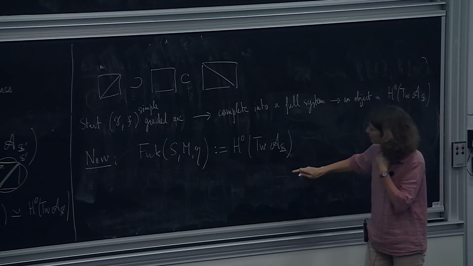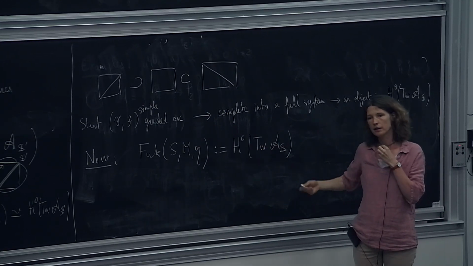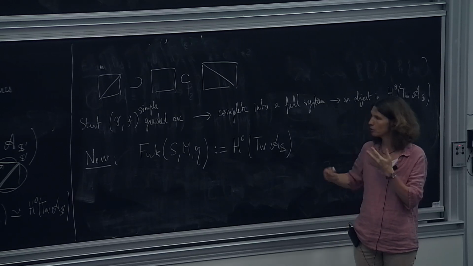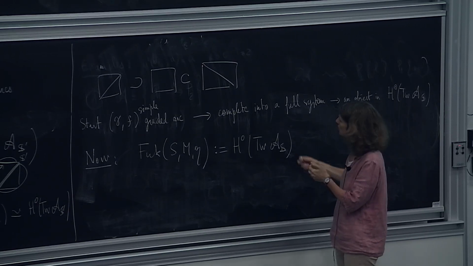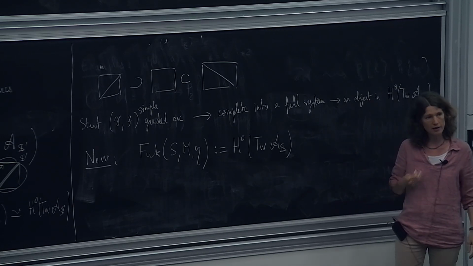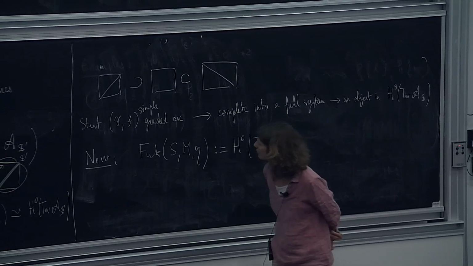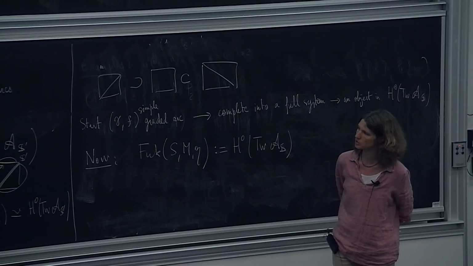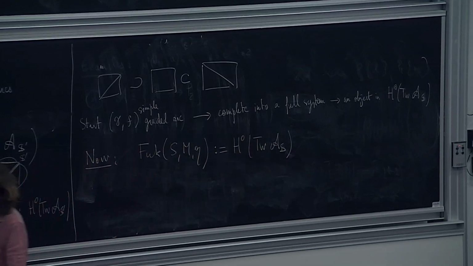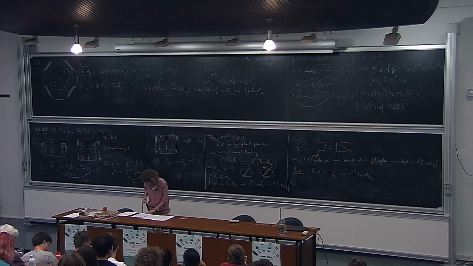And in this category, any simple graded arc gives rise to an object which is well defined. And so it does not depend on the choice of the full system you embed into. So any graded arc gives rise to an indecomposable object. And in fact, there will be more objects, but this is the idea.